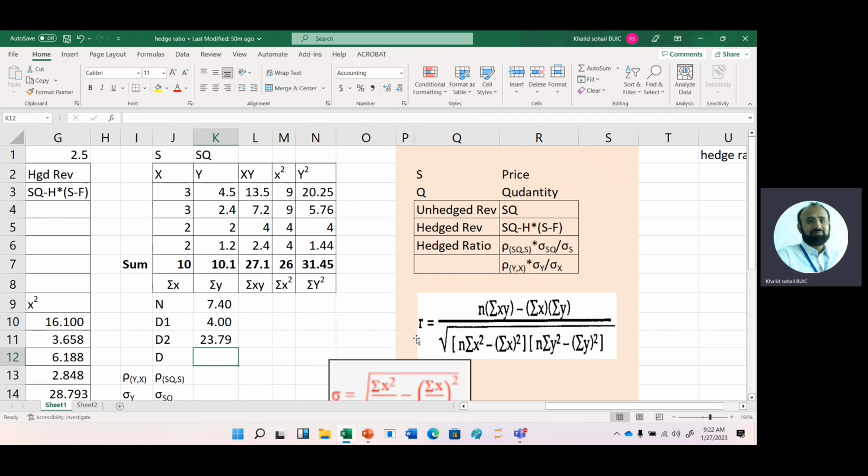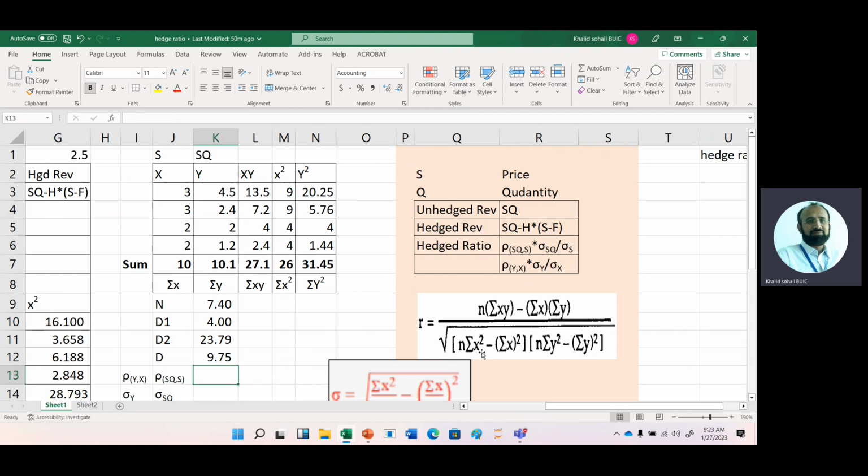So this is our D2. Now, to get the denominator, multiply these two and then take the square root. We are multiplying this one, then this one, and we will take its square root so that we have this denominator.